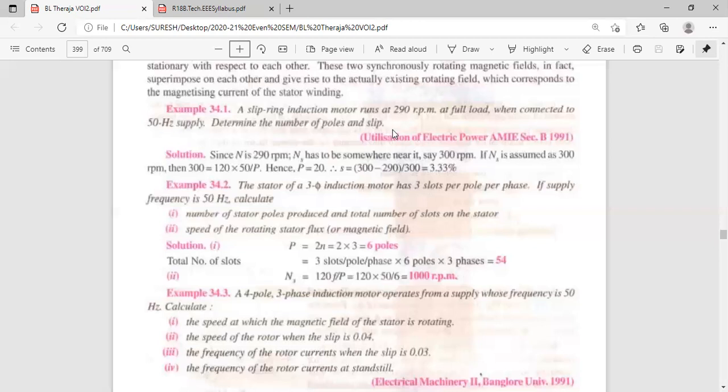Then what is the formula for slip? ns minus N by ns, that is 300 minus N by 300. How much will you get? 300 minus 290 by 300, that is 10 by 300, which is 0.033.